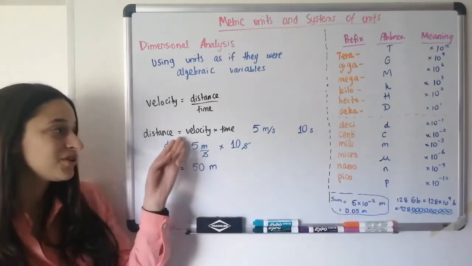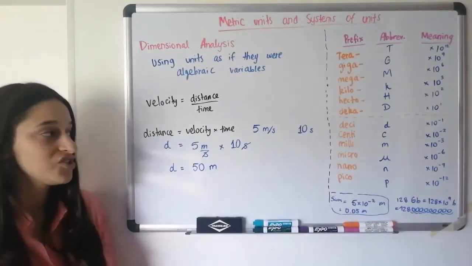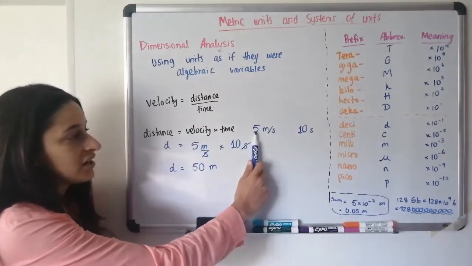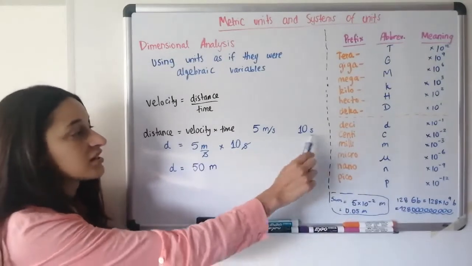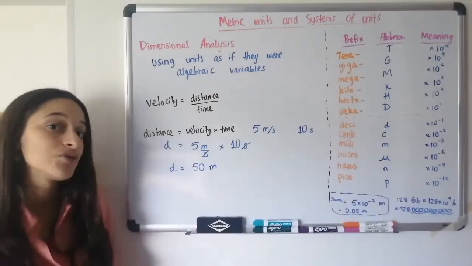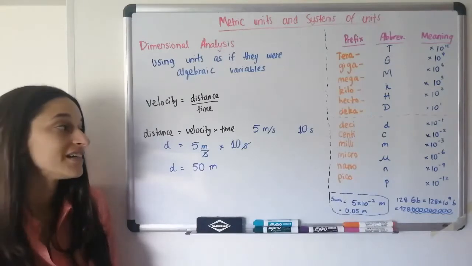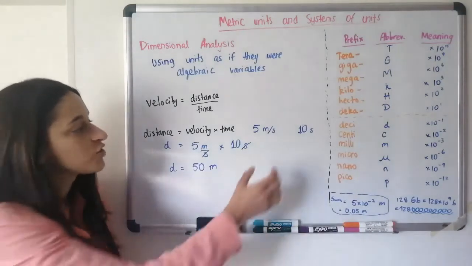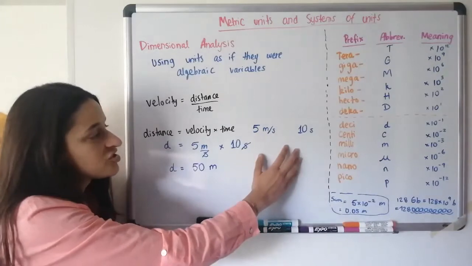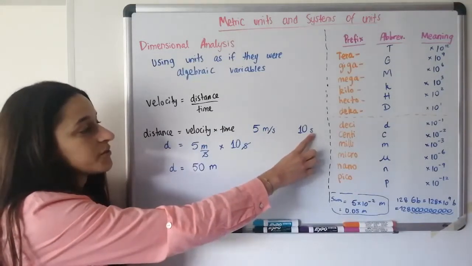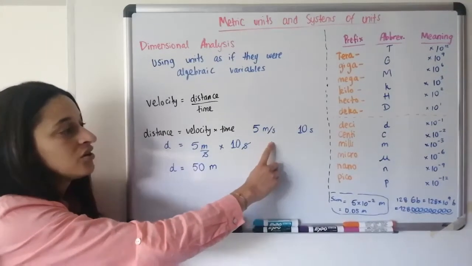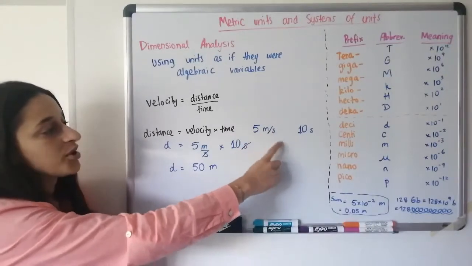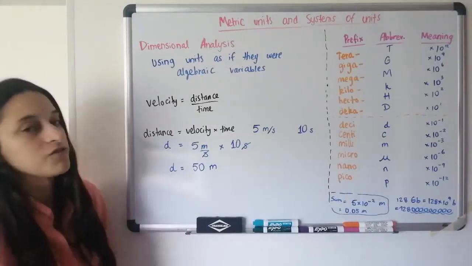This works if you know the equation, and it works if you forget the equation. If you know that you were given something in meters per second and something in seconds, and you know that the distance which you're trying to find has to be in meters, you have to arrange these numbers such that the seconds from the time cancel out with the per second part of the velocity.